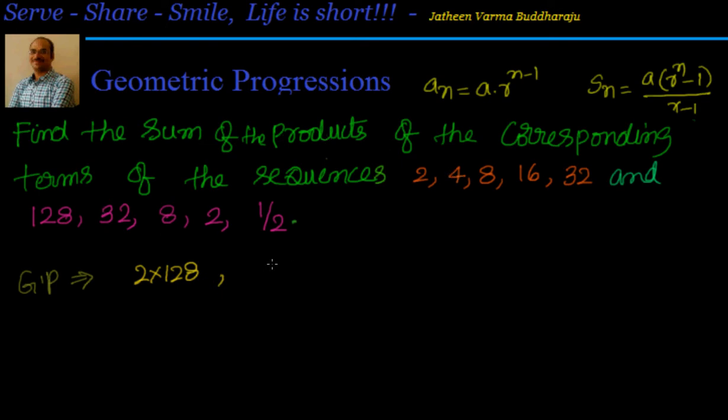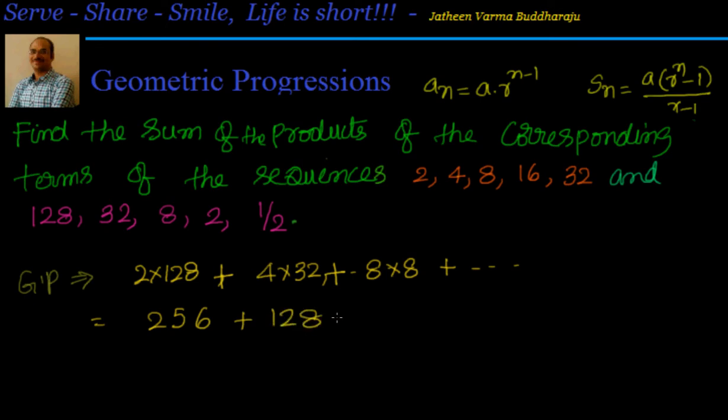The second one is 4 into 32. That should be enough for me. So this is the geometric progression I have. We can look into the third one also: 8 into 8. Now this is nothing but equal to 256 plus 128 plus 64.